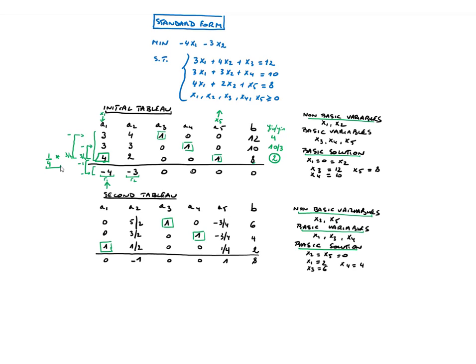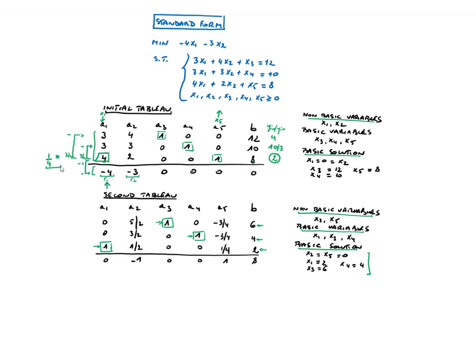The basic solution is simply obtained by setting the non-basic variables to 0. And if you do so, you can read the solution. For example, for x1, you take the first column, and you have x1 is equal to 2. Third column, x3 is equal to 6, and fourth column, x4 is equal to 4. And this is indeed what you obtain here.